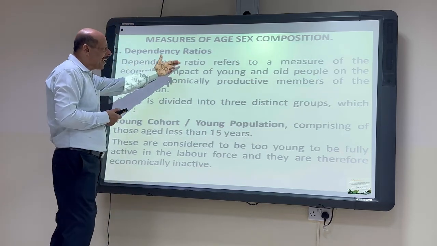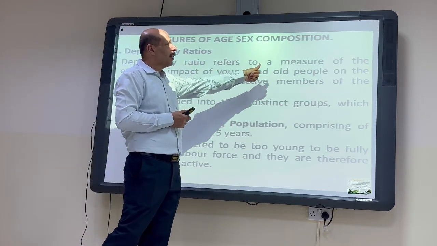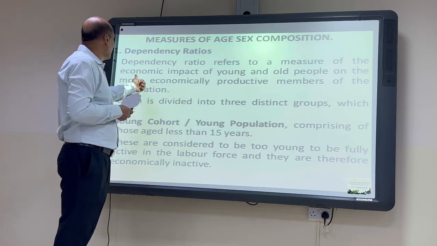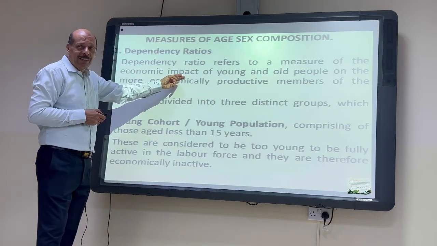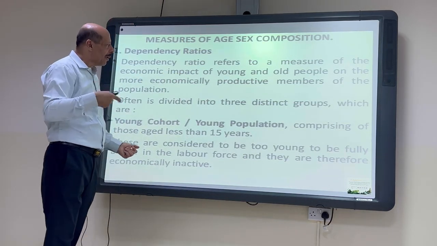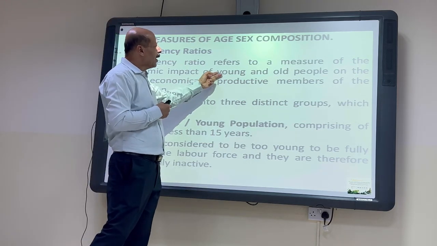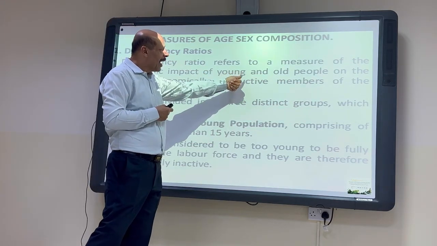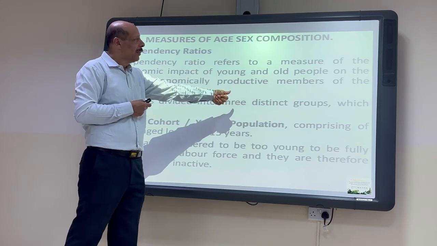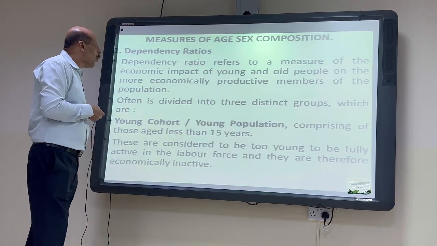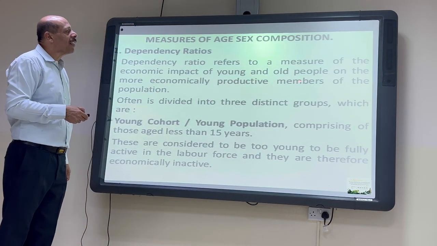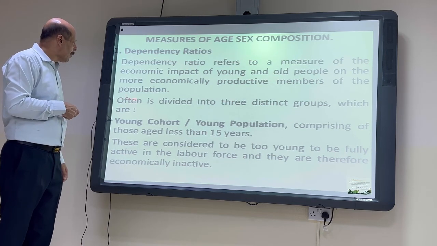So the dependency ratio refers to a measure of the economic impact of young and old people on the more economically productive members of the population.